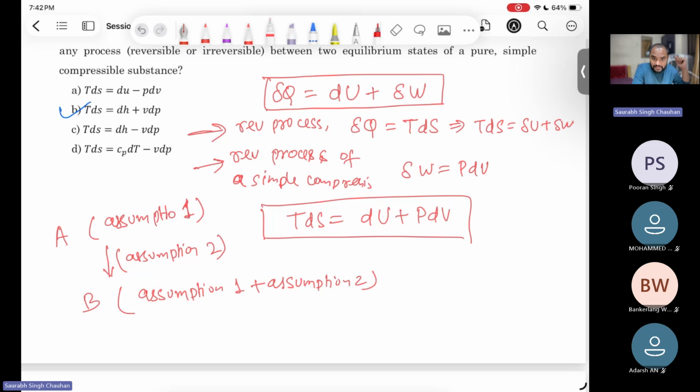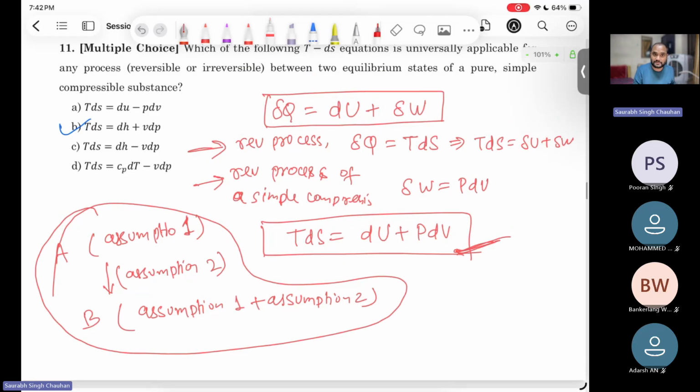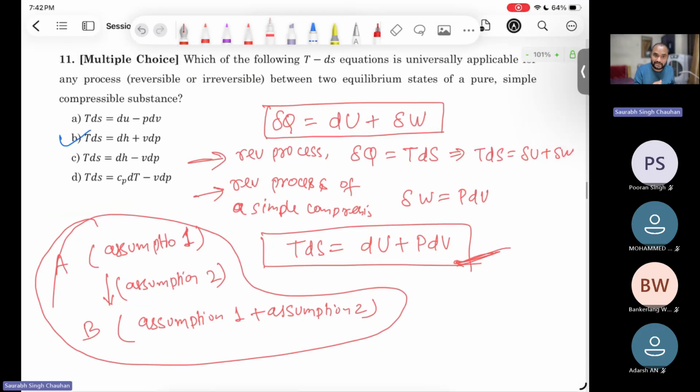Using this analogy, you would think this final equation should also have these two assumptions, that the process has to be reversible and a simple compressible system, right? This will come into our mind. But this equation is valid for all processes, reversible as well as irreversible. So this is a very interesting point.